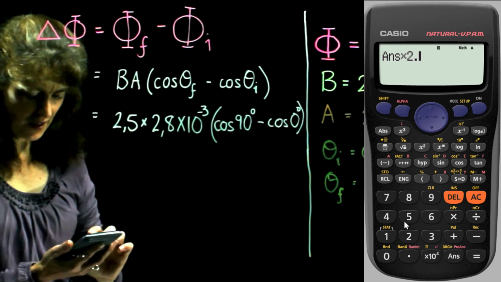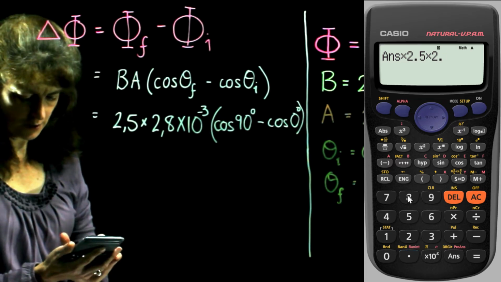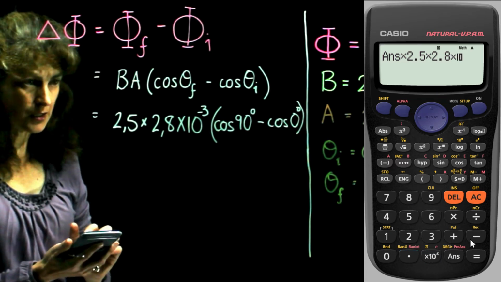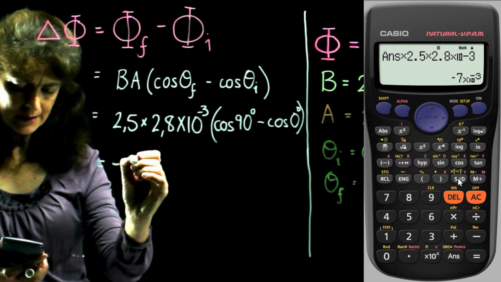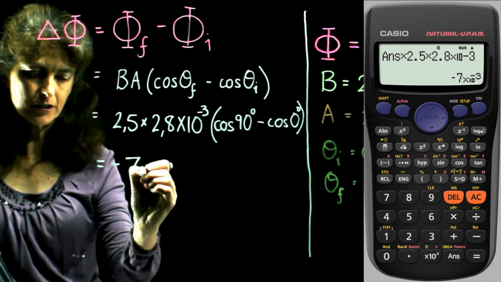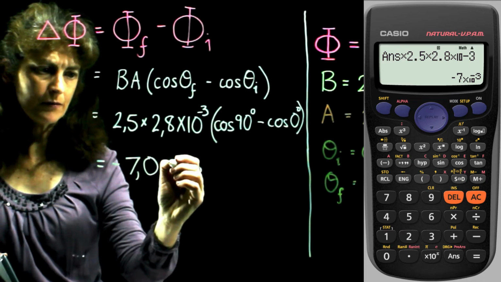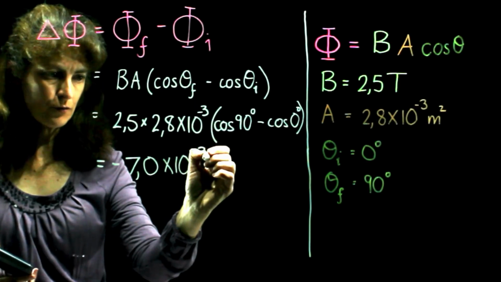Then we multiply that by 2.5 multiplied by 2.8 times 10 to the power minus 3. And our answer is minus 0,07, or if you want to give it in scientific notation, 7,0 times 10 to the power minus 3.